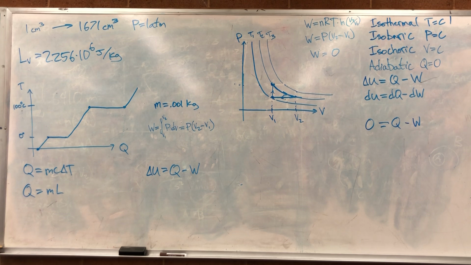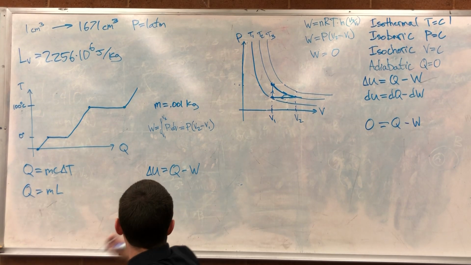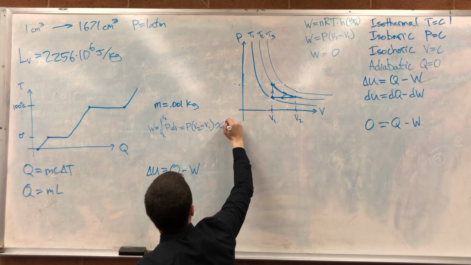Our final volume is 1671 divided by 1 million minus 1 divided by 1 million. That's how you get cubic meters? It's one way to do it. And so when that's all said and done, the work done is approximately 167 joules.